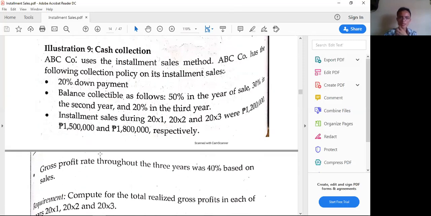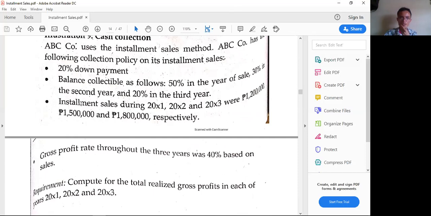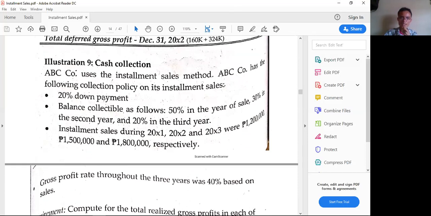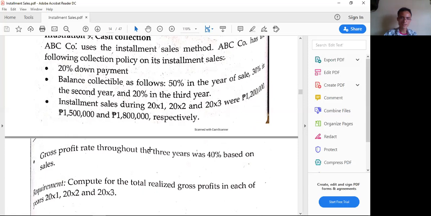This is quite a unique one because the policy of collection is that there's a down payment, and for the 80%, we are going to apply the following percentages for collections. 50% in the year of sale, second year after that, that's 30%, and the third year is 20%. And these are the installment sales.